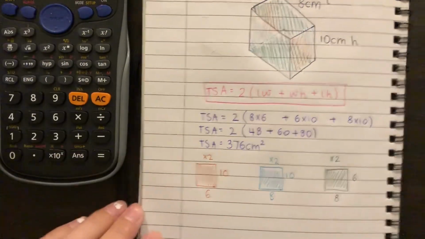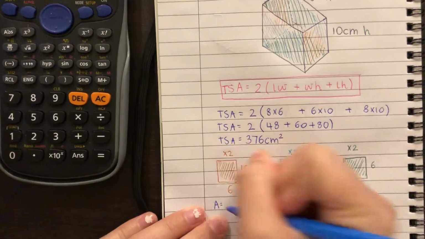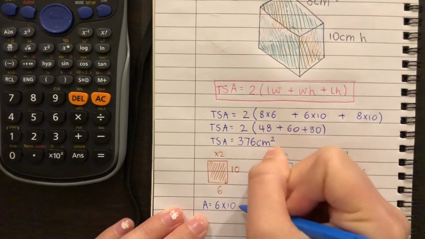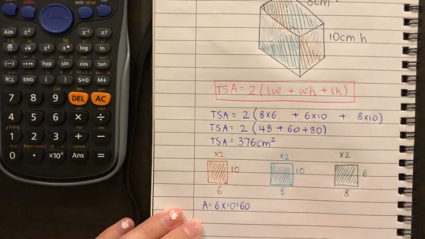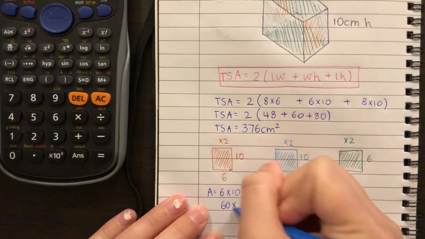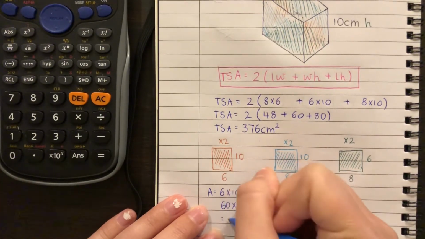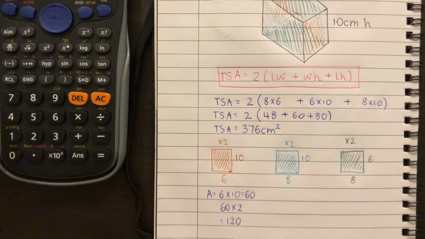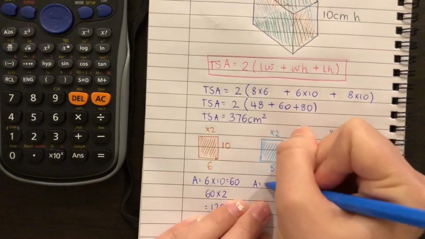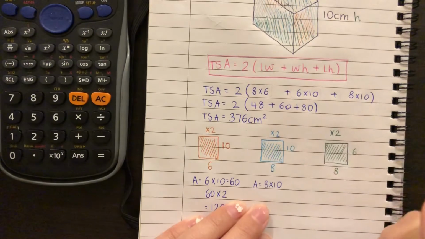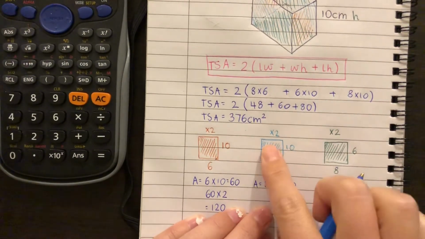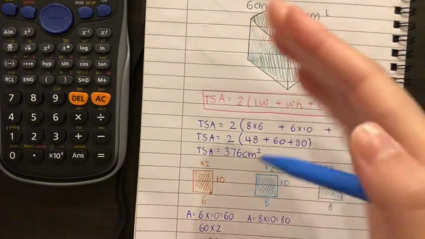So first, let's calculate the area of each. The area for this is 6 times 10, which equals 60. And then we need 2 of them. So 60 times 2 equals 120. For blue, the area is 8 times 10, which equals 80. And we need 2 blue ones because they make up both sides.